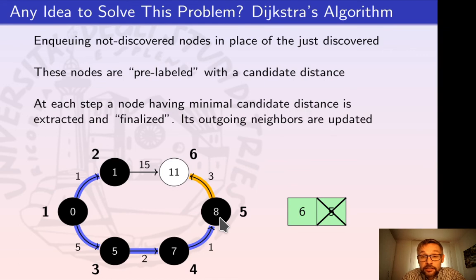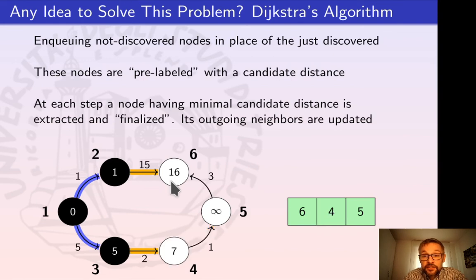and by finalizing it we can update the candidate distance of all its neighbors. In particular, it only has one neighbor, which is 6, and before taking 5 as a finalized node, we have a distance of 16 for node 6.